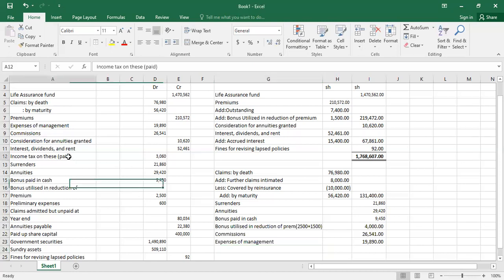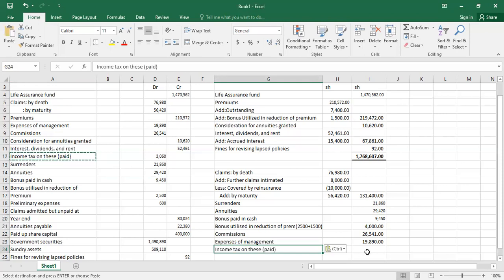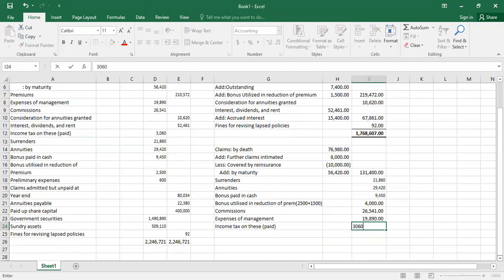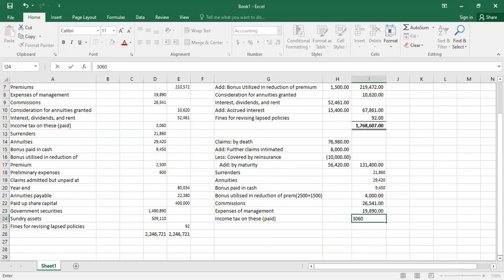Then I have income tax of 3,060. We had adjusted everything, so the other items that are remaining, we are just handpicking them. Anything else left? I think we have adjusted everything. So these are our balancing figures.